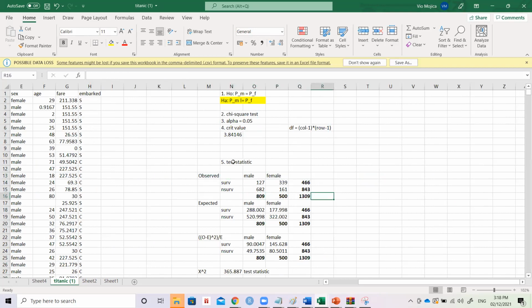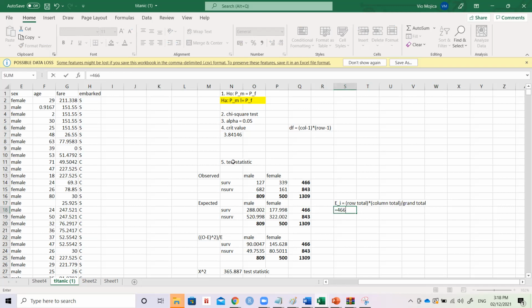Expected frequencies, lagay natin yung formula dito. I can send the Excel file later. Expected E sub I is equal to row total times column total all over grand total. So this is 466.